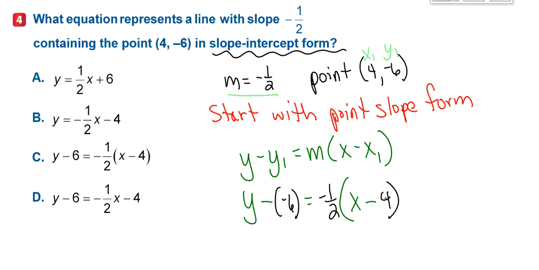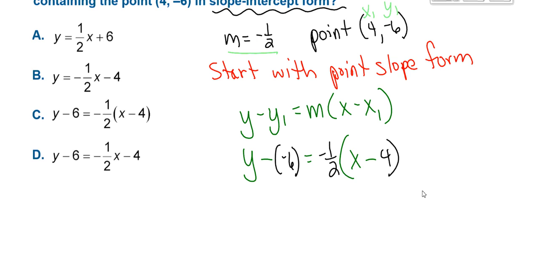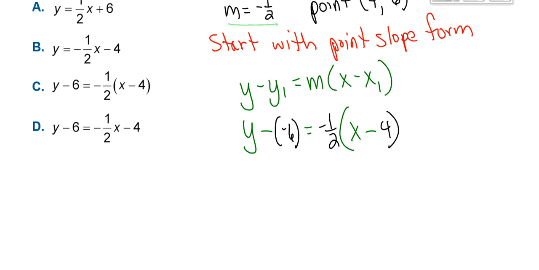And now we want to clean this up a little bit more. So we get y plus 6 equals, and if we left that and left the right side, that would be in point-slope form, but we need it to be slope-intercept form. So we're going to distribute: -0.5 times x is -1/2 x. -0.5 times -4 is +2.